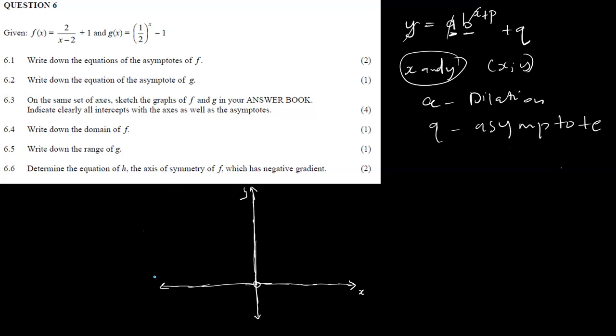Now let's say I have a graph that moves like this. This is my exponential function, and it approaches the asymptote. Let's say this is the asymptote, right? This is the graph.